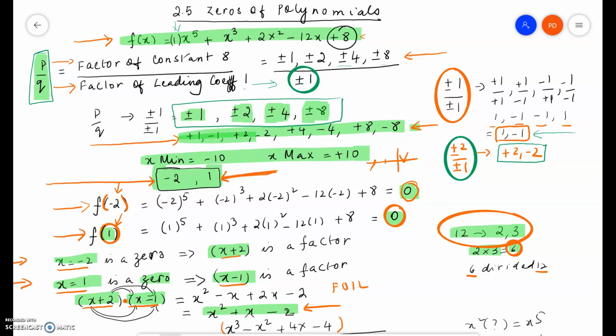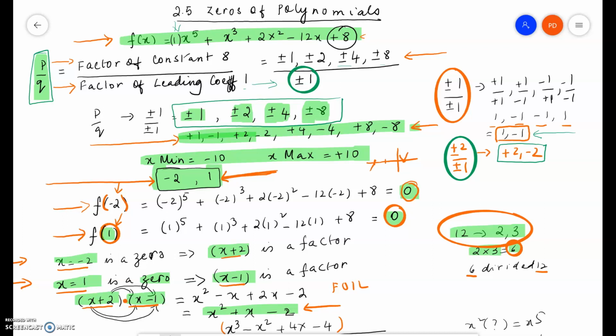Now here, there are 8 possibilities, and we can confirm which one of these are zeros by plugging in these 8 numbers into the original function to see which one yields a 0 for the value of the function. But plugging in 8 numbers is a lot of work, so I'm going to cheat a little bit.